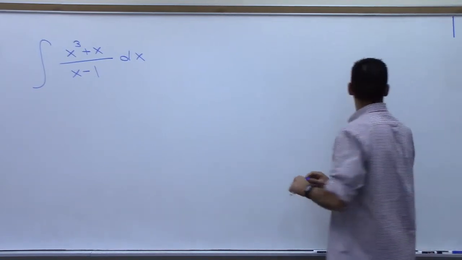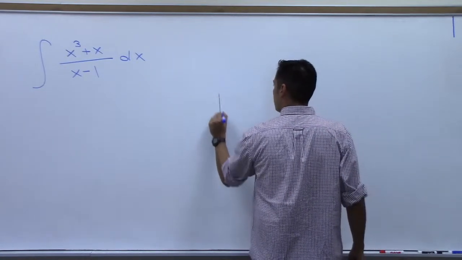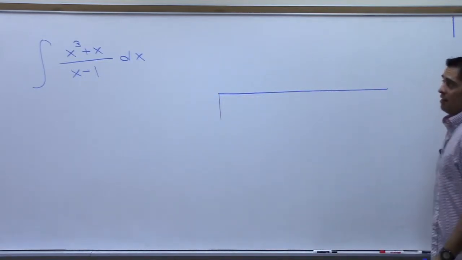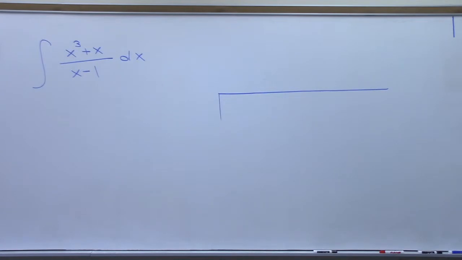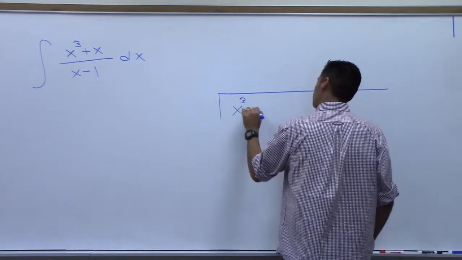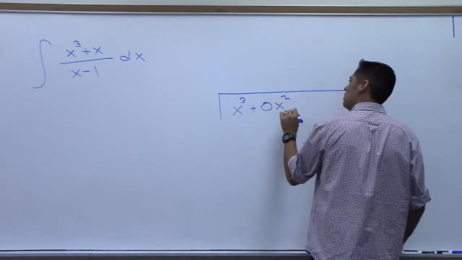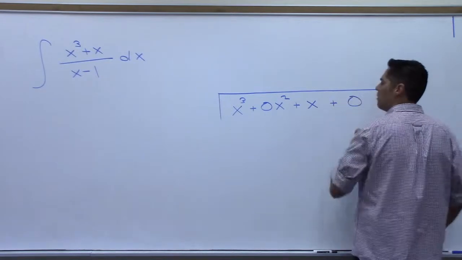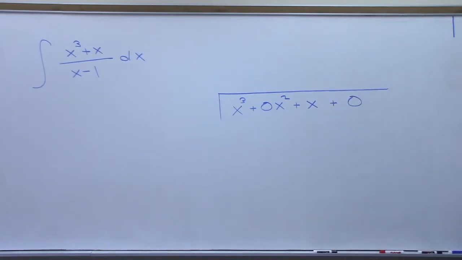So this is the way long division goes. You go good old school division box, like this. On the inside of it goes the numerator, which would be x cubed plus x. But because we're doing long division, we need to account for any spaces that we have in the polynomial.